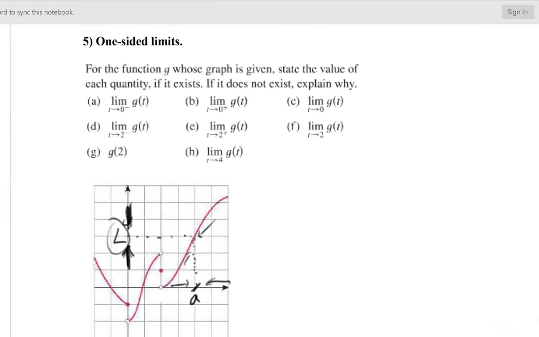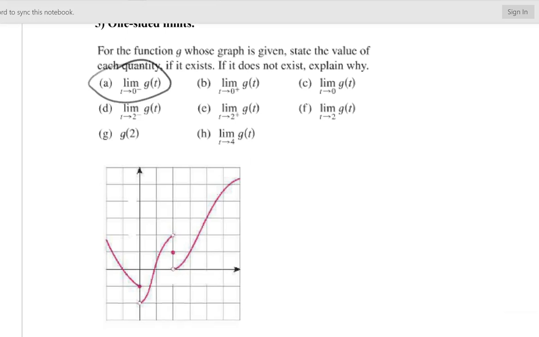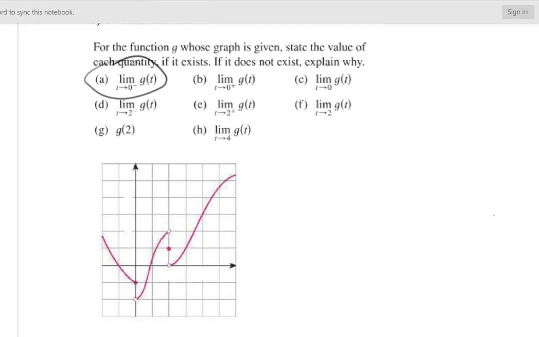So let's do a couple of these. So let's try A and B. So let's try A. So as t goes to 0 from the left, this red graph is g of x. Okay, I need purple. Here's purple.